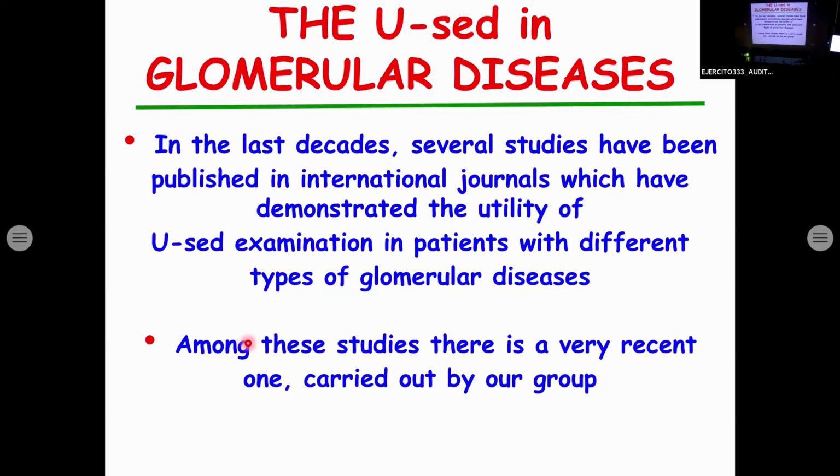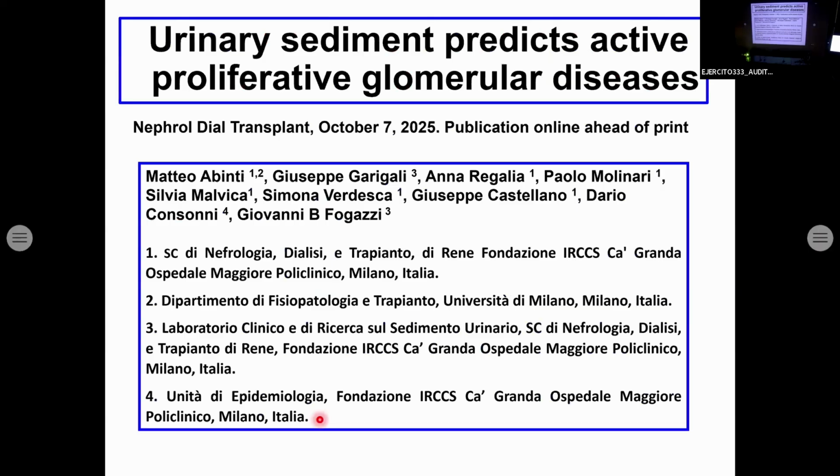Among these studies, and there are 22 studies we have selected, there is a very recent one, which has been carried out by our group, and which was published in Nephrology and Transplantation in October, last month.